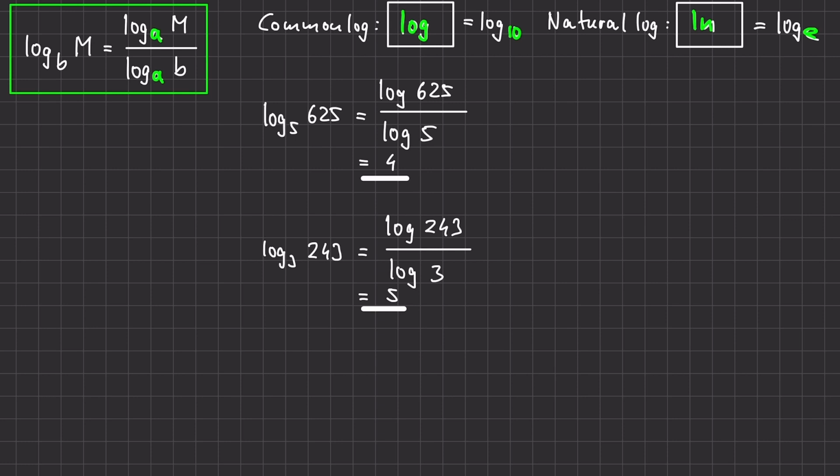Let's do one more example using the common logarithm to evaluate log base 7 of 343. Log base 7 of 343 is equivalent to log of 343 over log of 7, which is 3, and we're done with this problem.